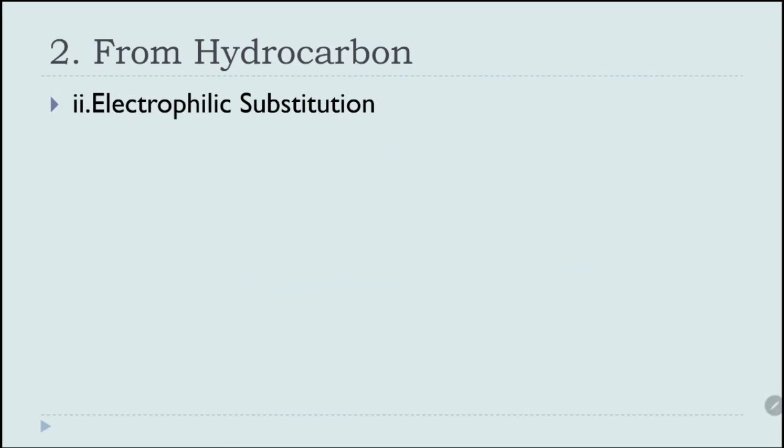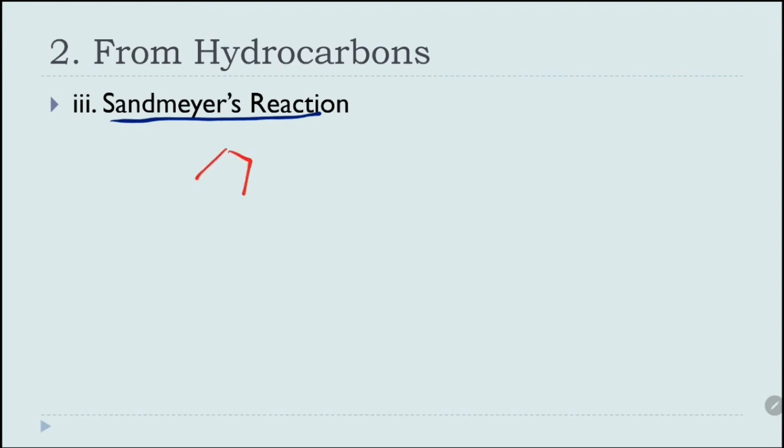Now see, the third reaction is the Sandmeyer reaction, and this one is very important because it is a name reaction. For this reaction we require an aromatic amine. This is benzene amine, or the trivial name is aniline.